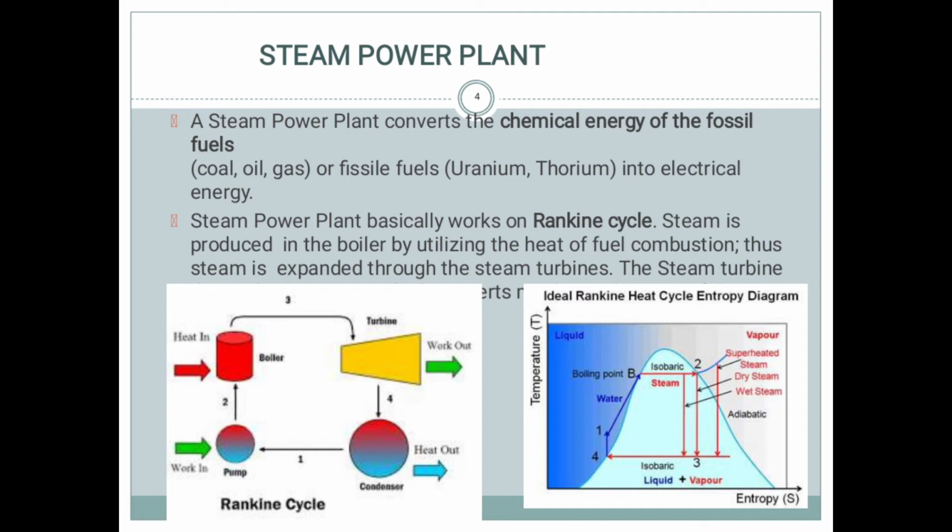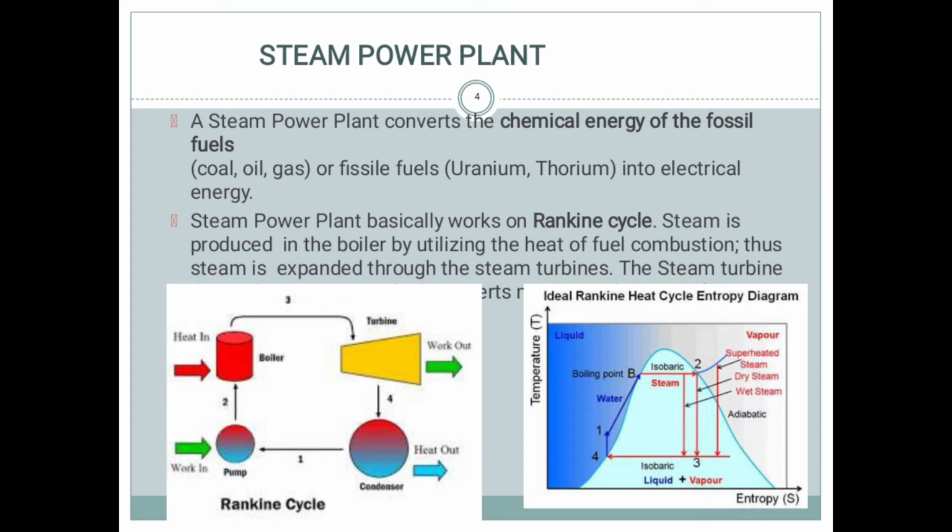When the water is entering the boiler, we are supplying heat by the burning of coal. A boiler is nothing but a steam generator. In this boiler, steam is generated. After generation of steam, it is sent to the turbine.